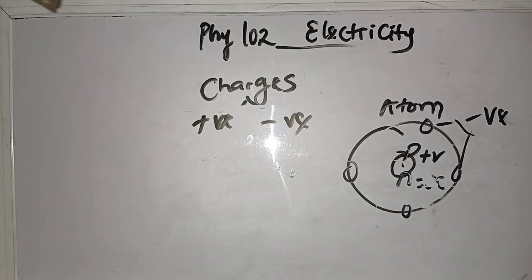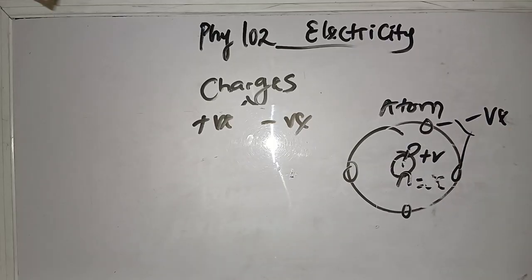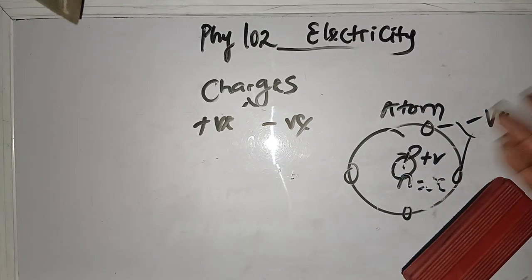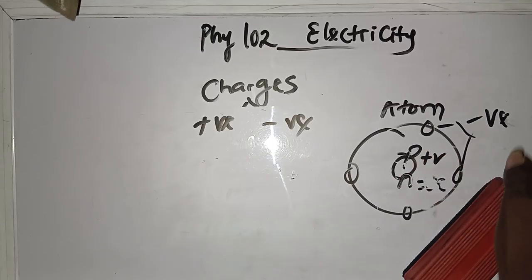Is that clear? So when we disturb the stability of an atom, we have a deficit or we have an addition. Do we get? So that's one thing you also need to know. Electron and proton make the atom neutral because they are equal in magnitude and opposite in sign.